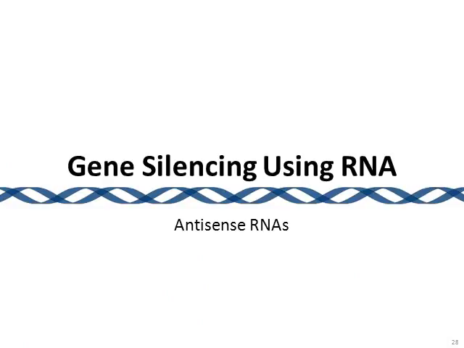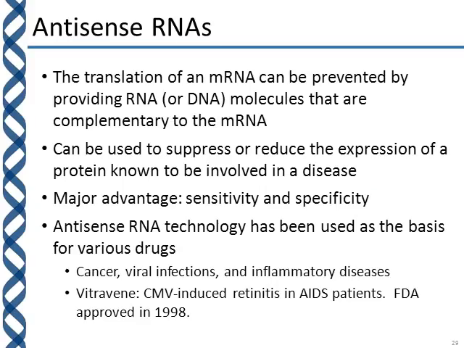The next gene silencing RNA technology is antisense RNAs. The translation of a messenger RNA can be prevented by providing RNA or DNA molecules that are complementary to the messenger RNA.